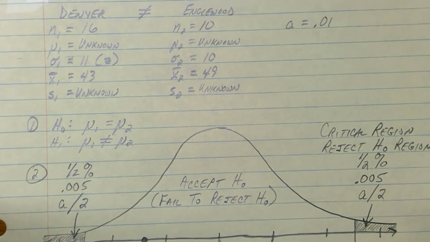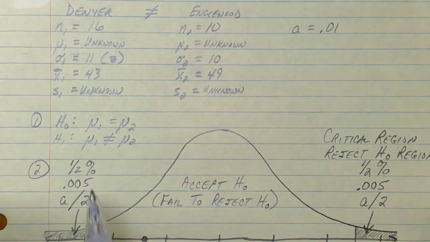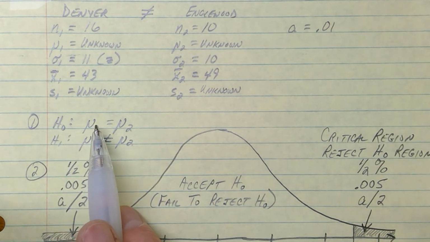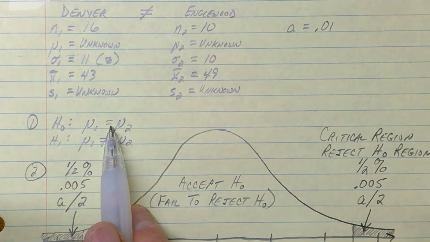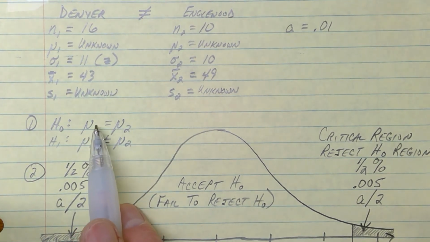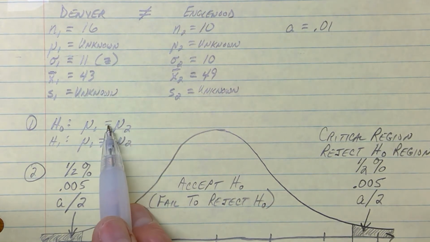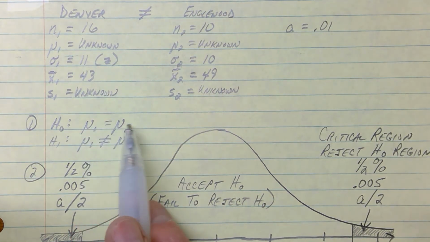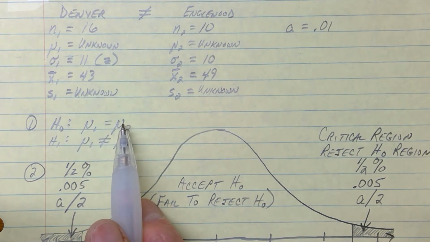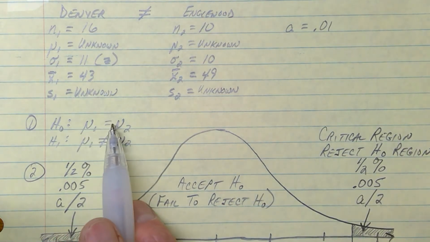So let's set up our hypothesis. Our null hypothesis is that the two populations are the same. The pollution index in Denver is the same as the pollution index in Englewood, or at least a very, very small difference. Of course, they're going to be a little bit different, but is it different enough that anybody cares?